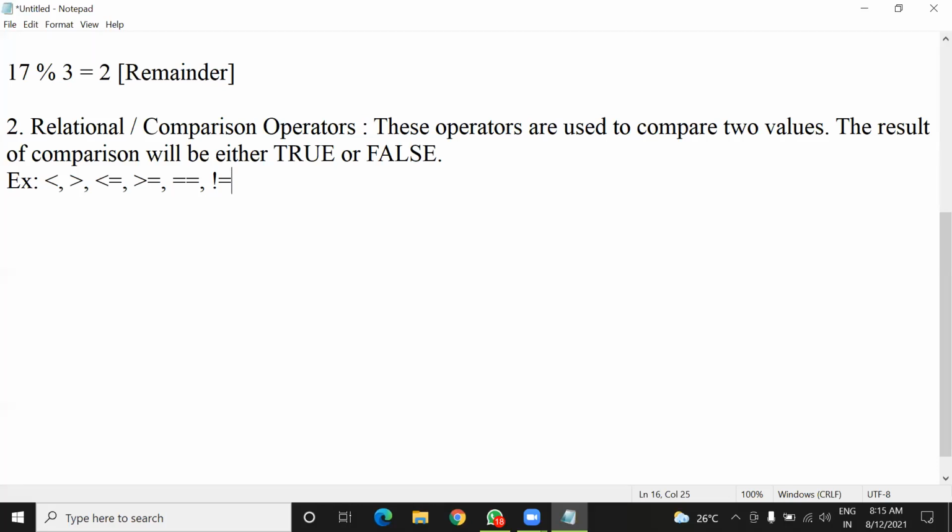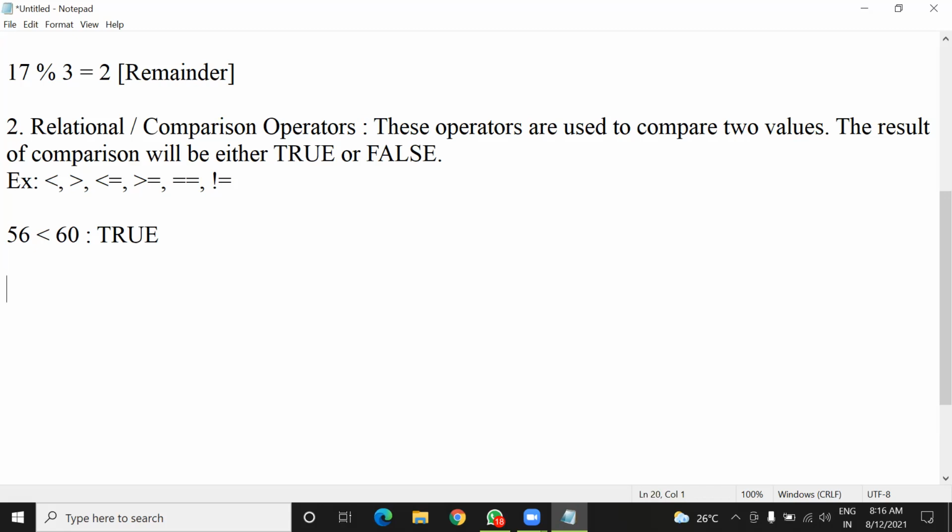Now let us take a few examples. If I use 56 less than 60, what will be its result? True, because here I am saying 56 is less than 60, and I am correctly saying it is less than 60. That is why it is true.